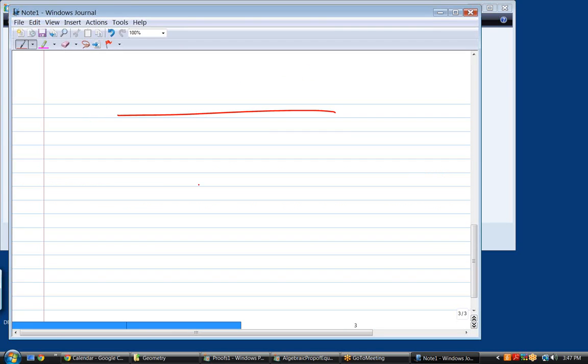If I have 2 lines, and I don't know if they're parallel or not, but I put a transversal, and this angle 6 is equal to this angle 11, there is a theorem that says that means that line is parallel to that line. In other words, you cannot have angle 6 equal to angle 11 unless these 2 lines are parallel. And that's pretty common in geometry.